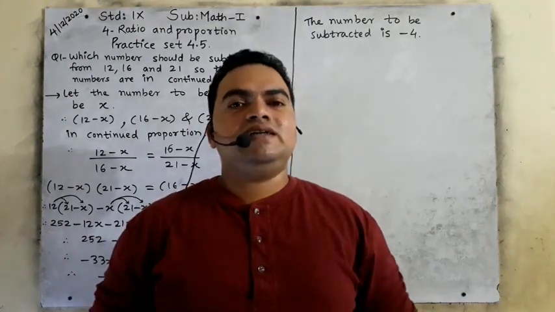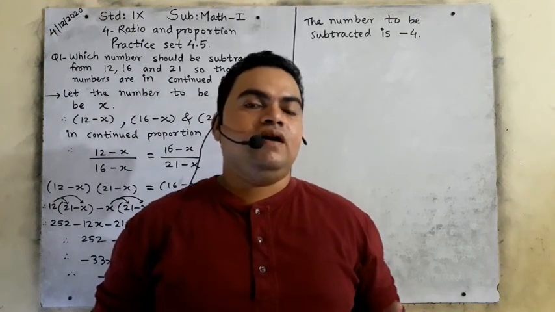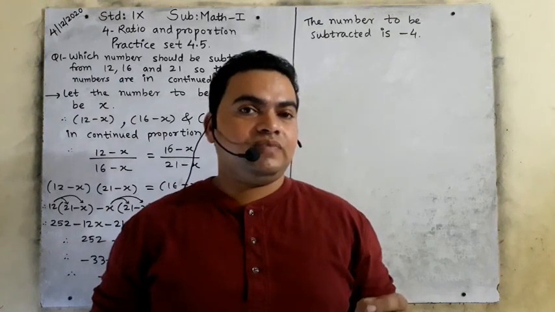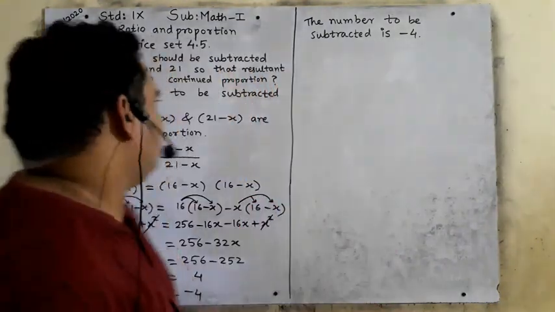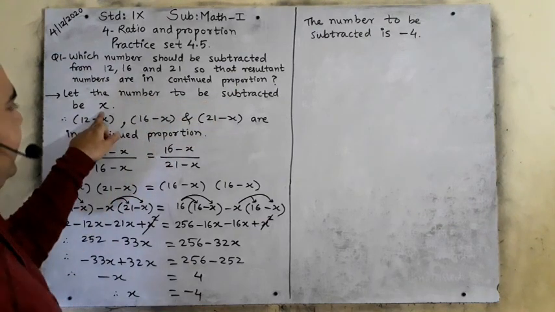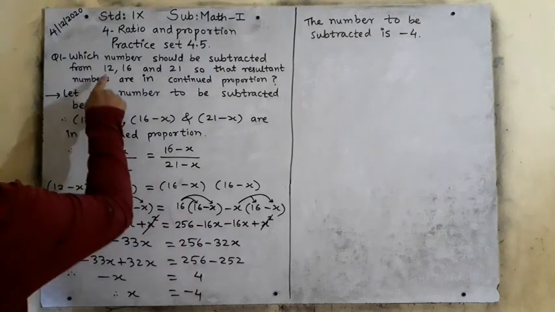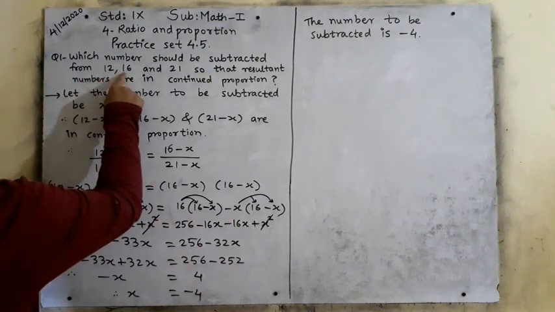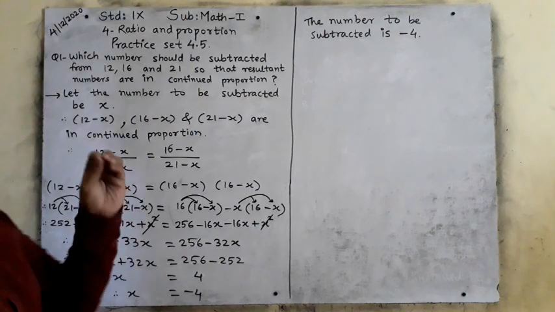In this condition, as we always discussed in class, whenever we don't know the number, we will consider any variable, or the famous one, that is x. So look at the board here. Let the number to be subtracted be x. Suppose you subtract x from all three numbers: 12 minus x, 16 minus x and 21 minus x.